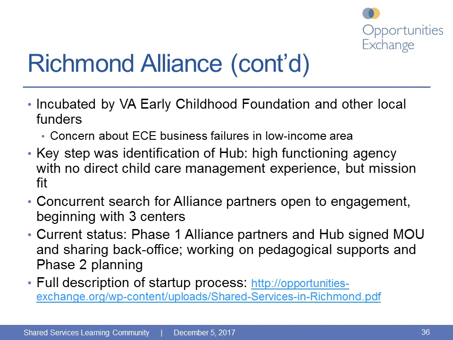So I think the most important thing to know about the Richmond experience, and I think Libby was just starting to talk about that, is that when we sat down to make a list of all of the possible candidates to be a hub, Commonwealth Autism was absolutely not in our minds. They didn't have any real direct experience and regular interaction with the child care community.